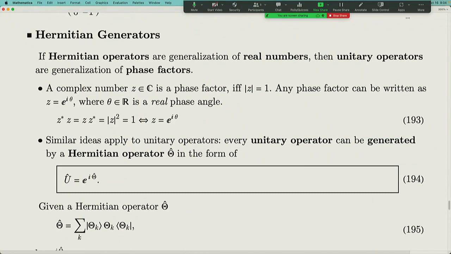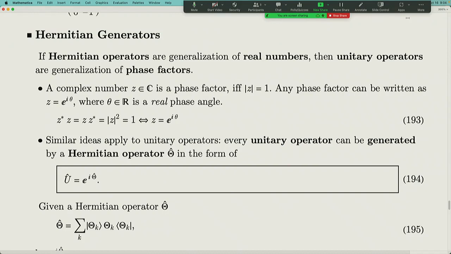Okay, so last time, towards the end, we talked about Hermitian generators. The intuition is, let's use an example of complex numbers instead of thinking about complex matrices.